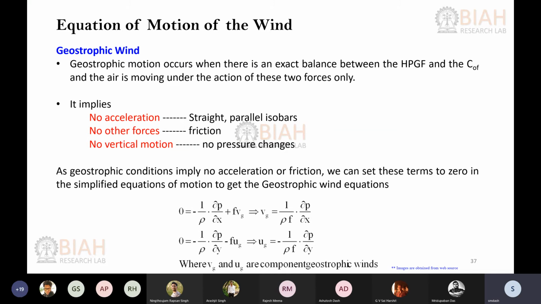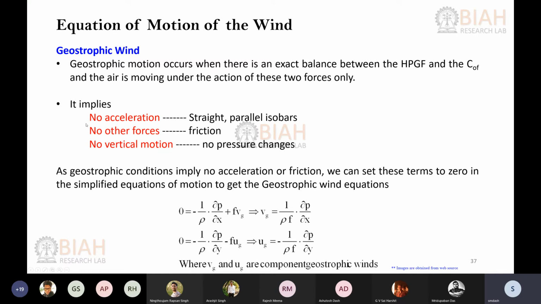Now, this is another thing that we experience when we just consider two forces. This is quite an ideal situation. If you just consider the pressure and Coriolis force, neglecting the centrifugal force as well as the gravitational effect, then the ideal wind condition is a geostrophic wind. Geostrophic wind is the wind which occurs when there is exact balance between the pressure gradient force and the Coriolis force, and the other force effects are not there.